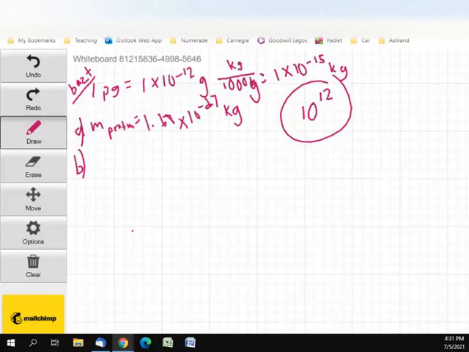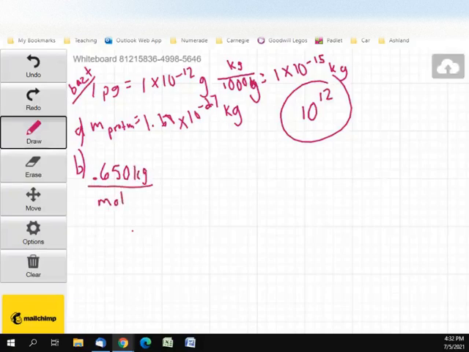It's saying 650 grams per mole. So let's go with that. DNA is 650 grams, or let's write it in kilograms, 0.650 kilograms per mole.